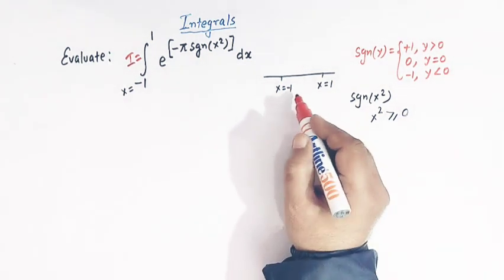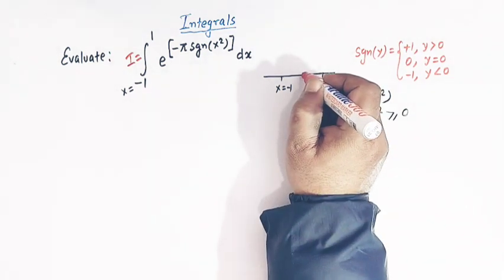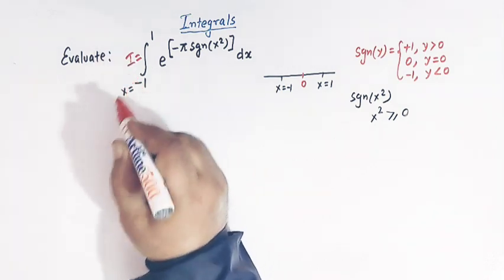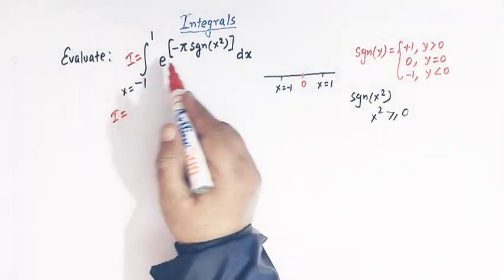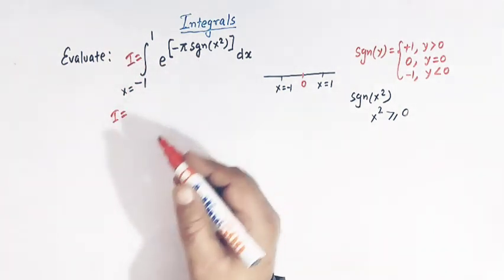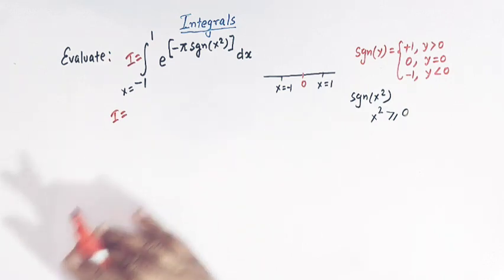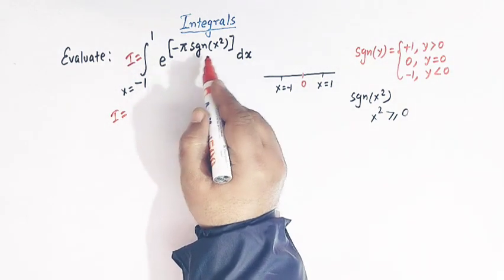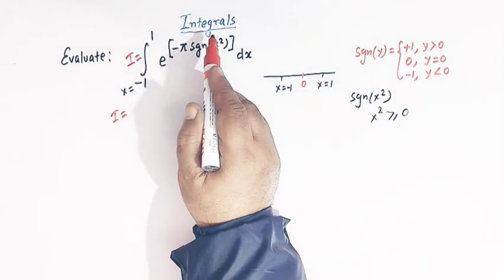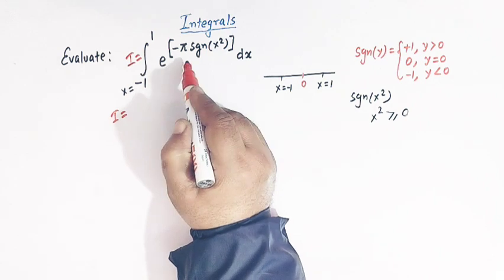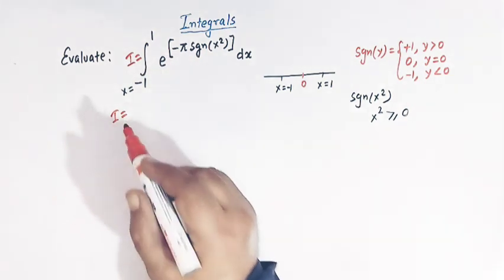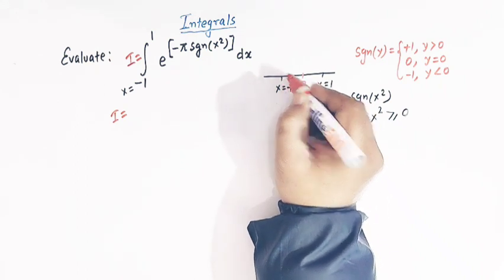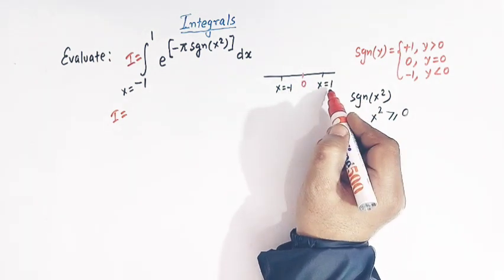Between -1 and 1 we have the integer 0, so we can split this integral as a sum of two integrals. We can also use an important property of definite integrals to simplify this, but here we'll take this method.